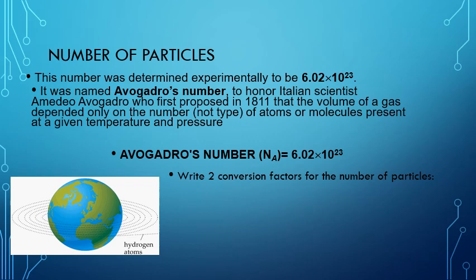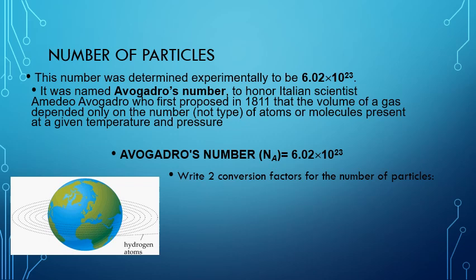And finally, if we were to stack a mole of pennies, 6.02 times 10 to the 23rd pennies, in a single file line, they would stretch all the way from the Earth's surface to the moon.